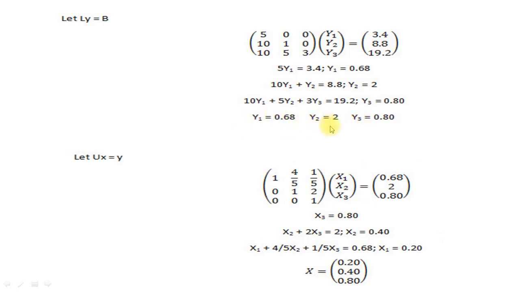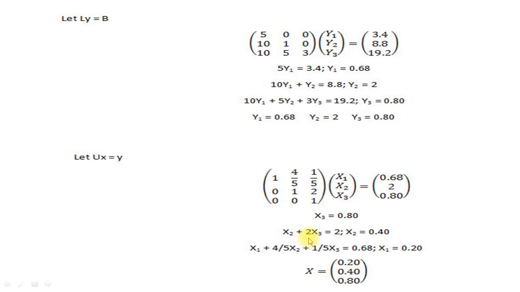Now using this Y matrix and the upper triangular matrix, we obtain the unknown matrix X for the system. This is the upper triangular matrix, this is matrix X, and this is matrix Y. This is the y1 value, y2 and y3. Now using back substitution, x3 is equal to 0.80 and x2 plus 2x3 is equal to 2.